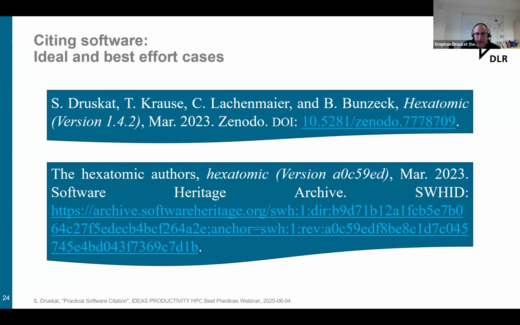Okay, to get a better overview of what we aim to do in the end, it's a formal reference in a reference list that gives people information about your software. Ideally, this reference features the correct and the complete author names, the name of the software, a version ID, a publication date, the publication platform, and a unique identifier.